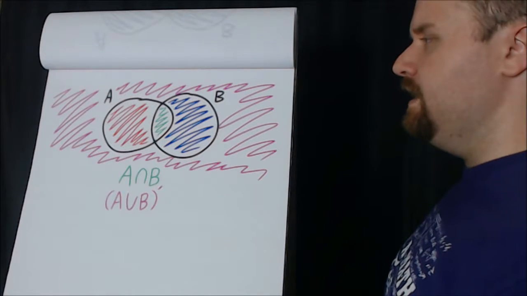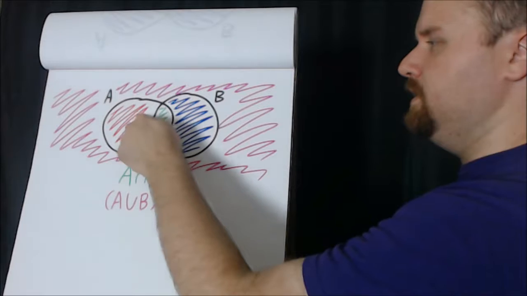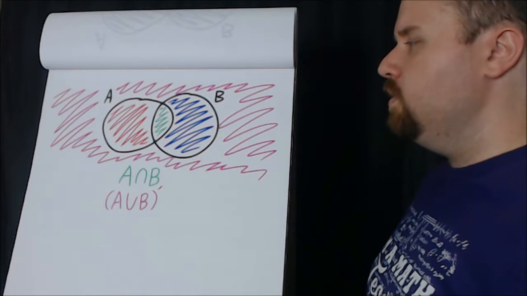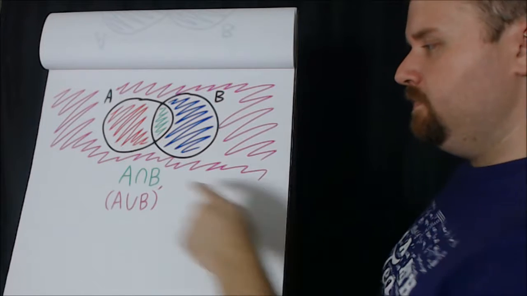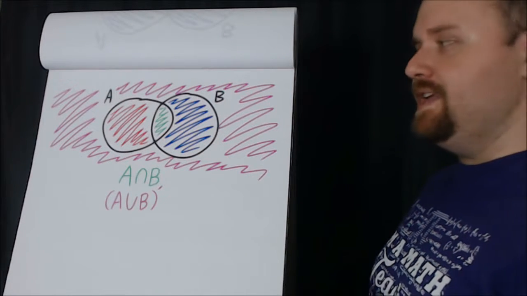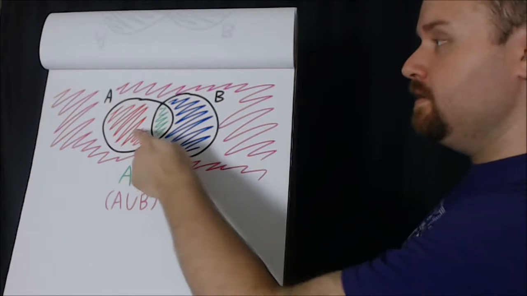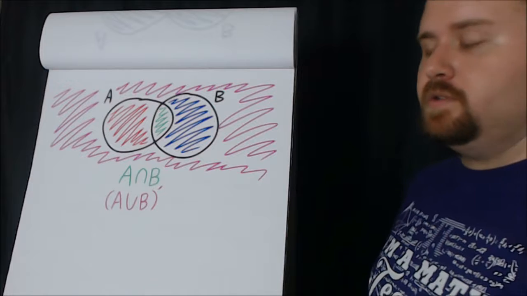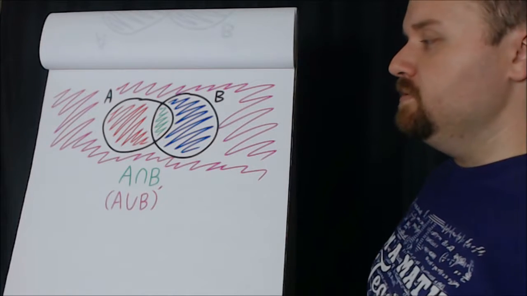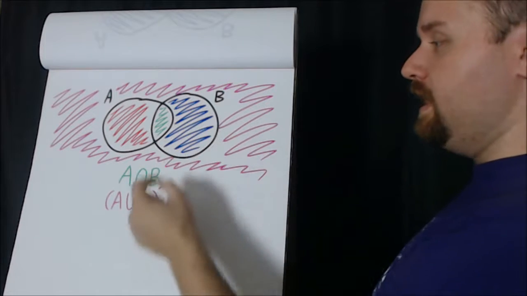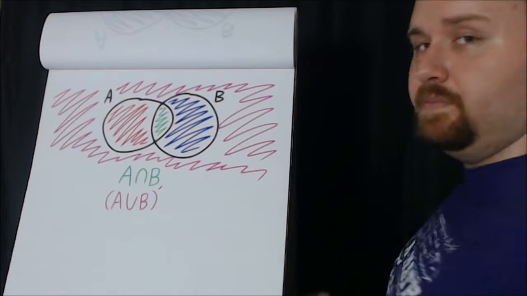So I have to figure out how I can get the red section while excluding the green. Well, we know how the green section is written. That's right here. So I need everything that is in A, but not in A intersect B. So we're going to use another intersection. A intersected with the complement of A intersect B.